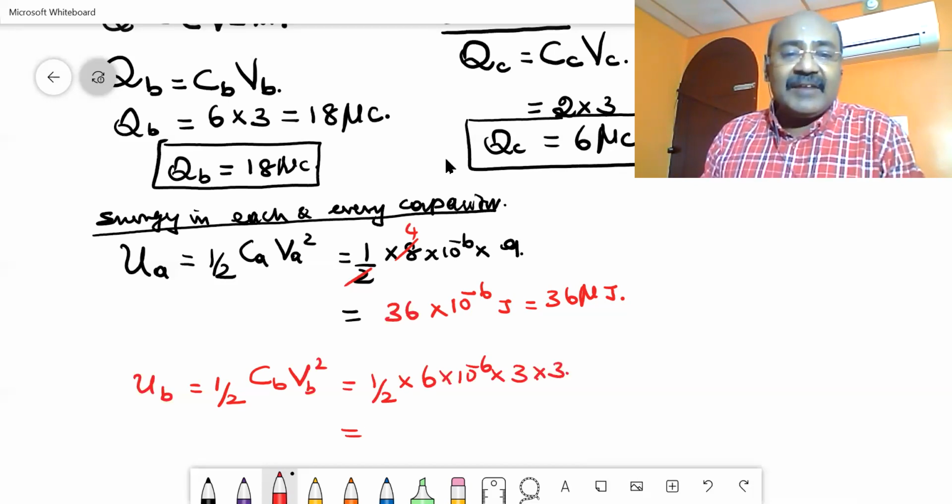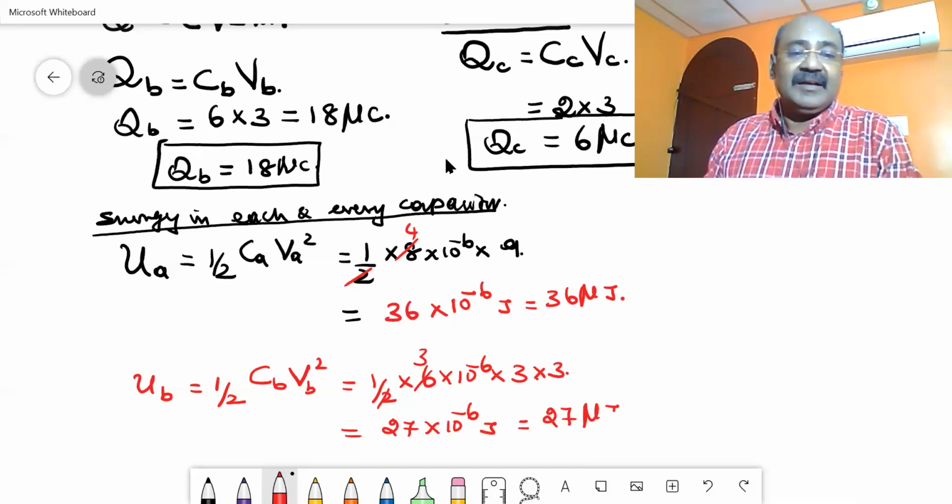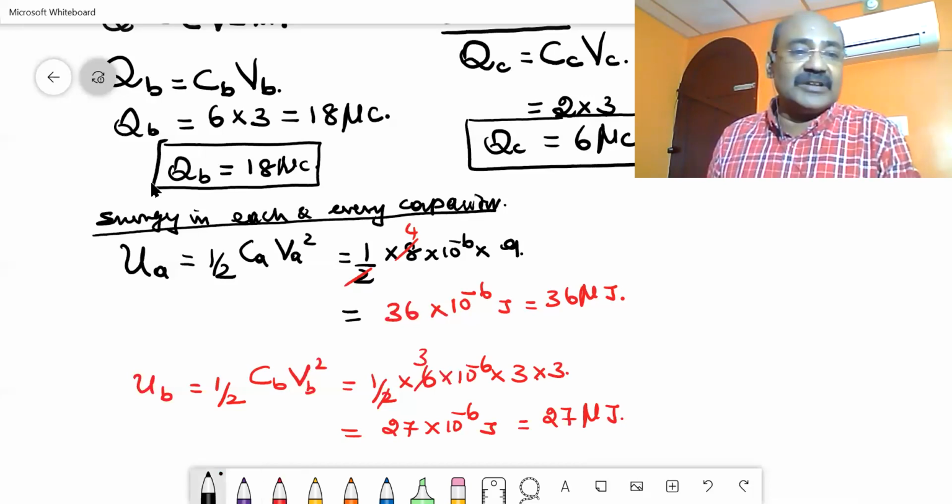Here when you cancel, you will get 3. So 27. 27 into 10 power minus 6 joule, or you can write it as 27 microjoule as the answer.